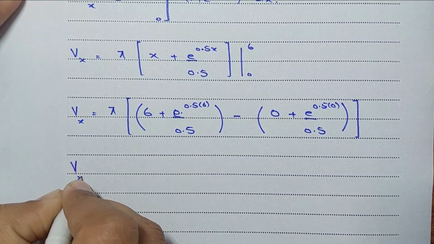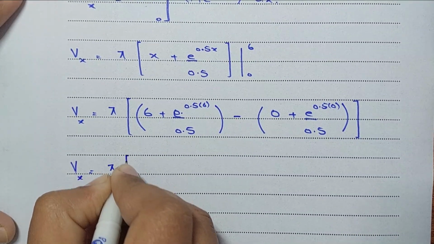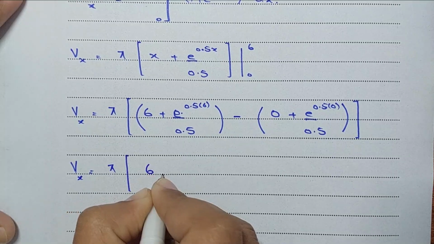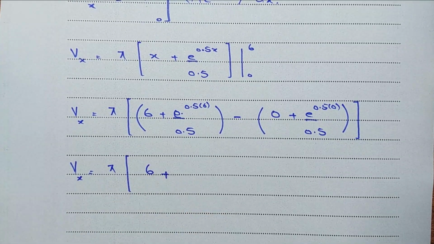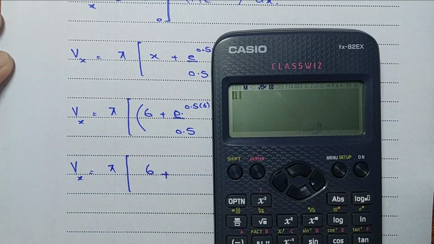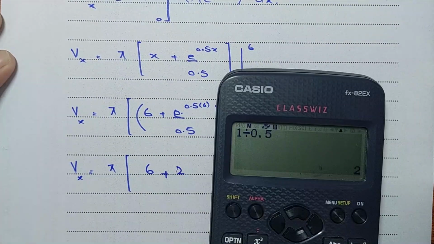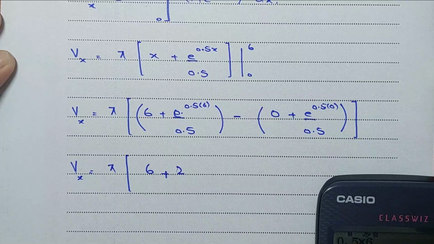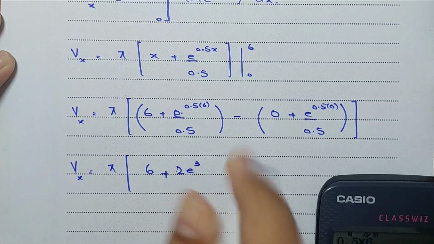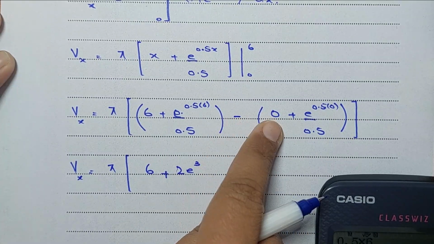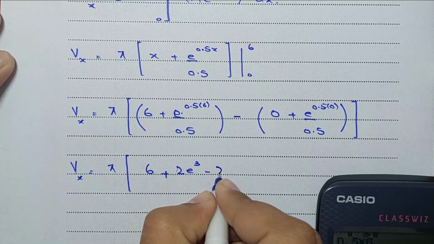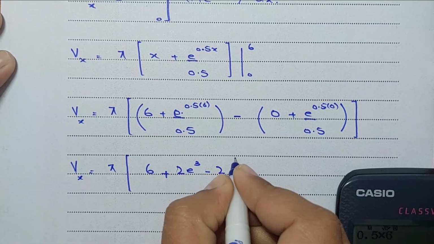Okay, so the volume is pi outside. Here we have 6 plus 1 over 0.5, which is 2, times e cubed, minus 2 times e to the power 0, which is just 1.